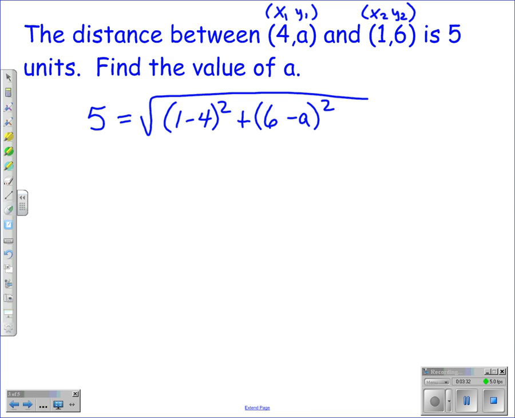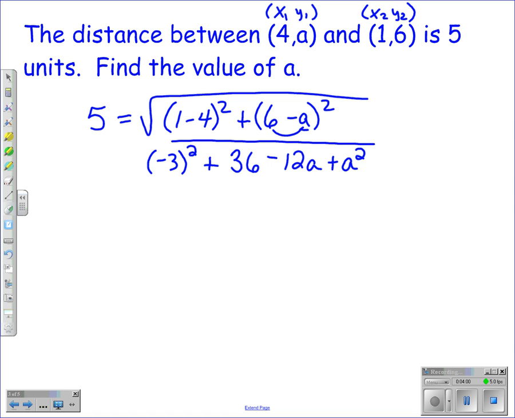Now 1 minus 4 is a negative 3, and that gets to be squared, plus underneath the radical there is 6 minus a, quantity squared. And so we have to use our rules from chapter 9 with multiplying binomials. This will give us 36 minus, we're taking these two times each other times 2, minus 12a, and then the last term squared plus a squared.